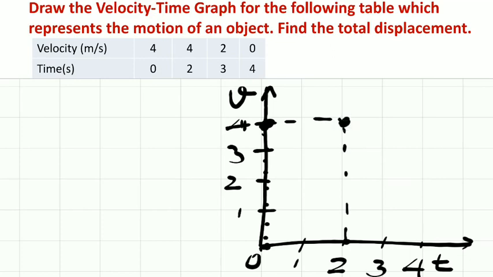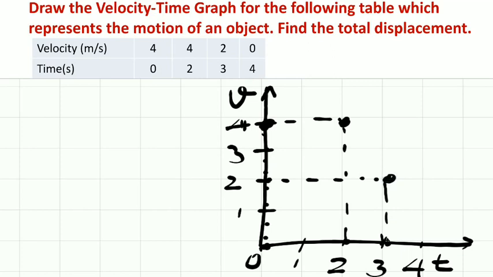Next, the time is 3, the velocity is 2. So this is the point where time is 3 and the velocity is 2. So meet them. We obtain this point.